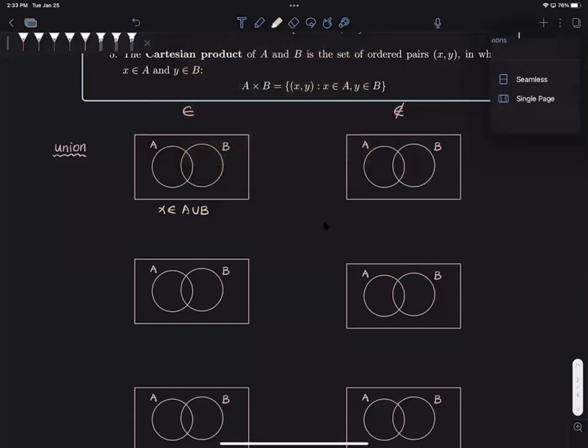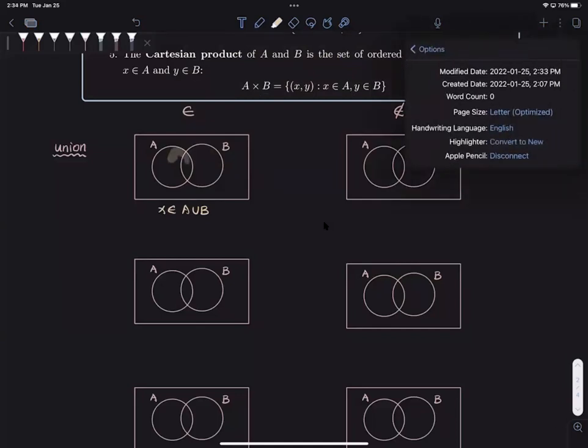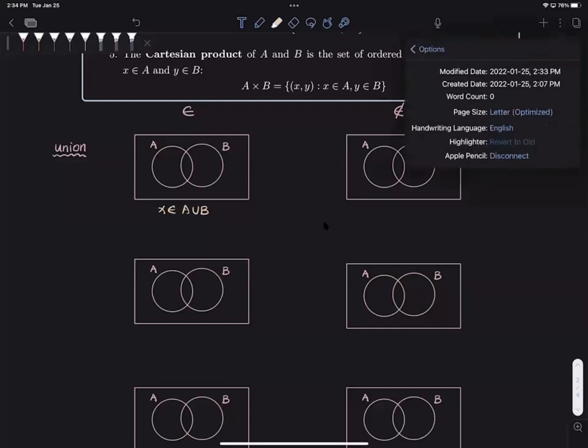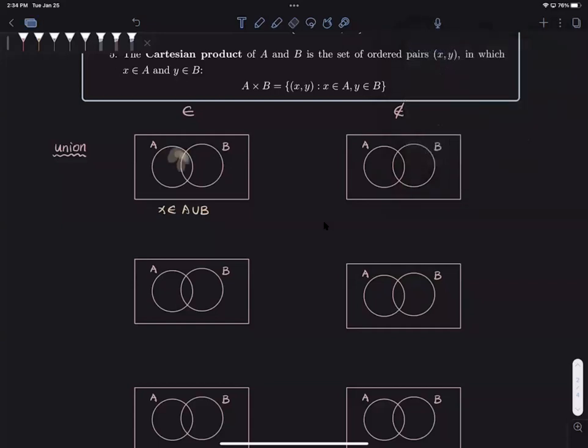Okay, hold on. Need to use this. So X is in A union B. There we go. If it's in A union B, then X could be anywhere here.